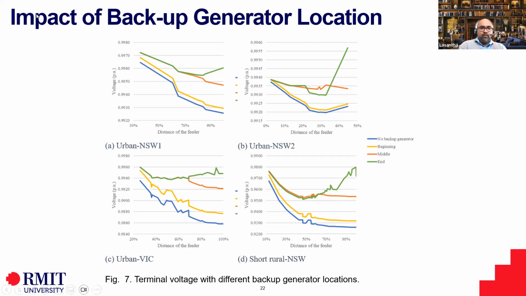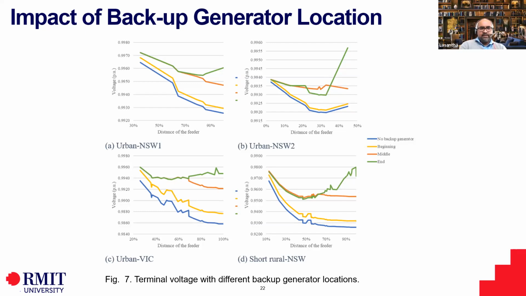And in the top corner, you can see the urban New South Wales. And we have looked at what would happen to the voltage when you connect the backup generator at the beginning of the feeder, middle part of the feeder, or end of the feeder. So we have clearly seen in some cases, when you connect at the end of the feeder, it would actually help the voltage of the network.